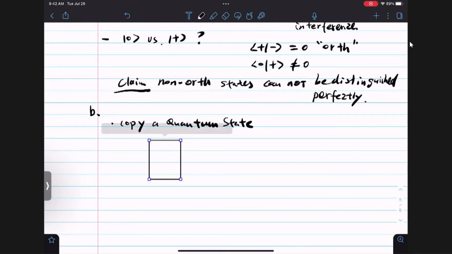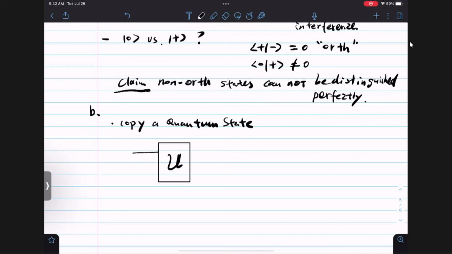What we want here is a copy machine, a quantum copy machine, which I denote as a unitary. The goal is to take an input state psi, possibly with some additional work qubit, and produce 2 copies of psi.